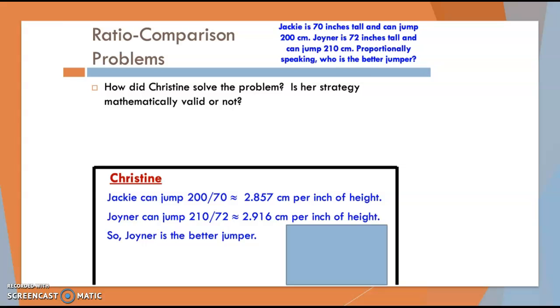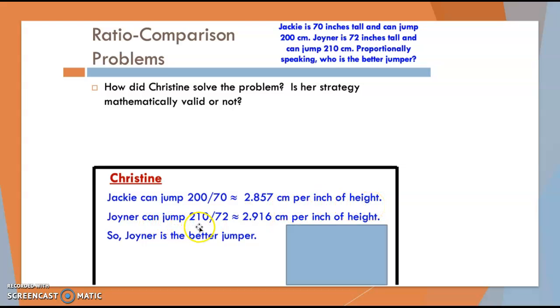Let's move on to Christine. Is her strategy mathematically valid or not? Same word problem. Jackie is 70 inches tall, can jump 200 centimeters. So Jackie can jump 200 over 70, 2.857 centimeters per inch of height.